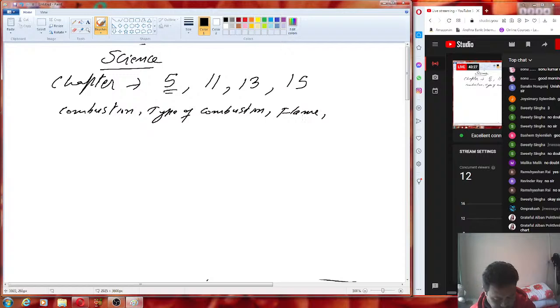Then about the ideal fuel, conditions for the ideal fuel. These are the main parts of chapter 5.